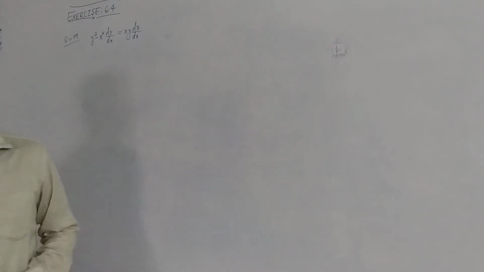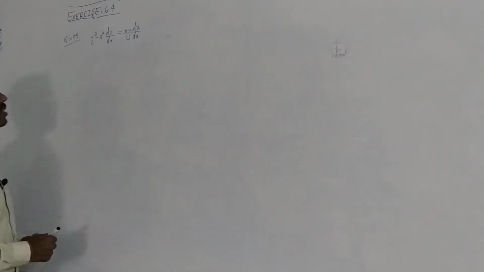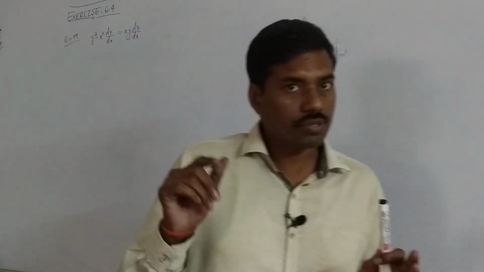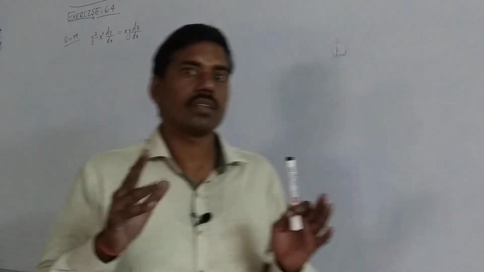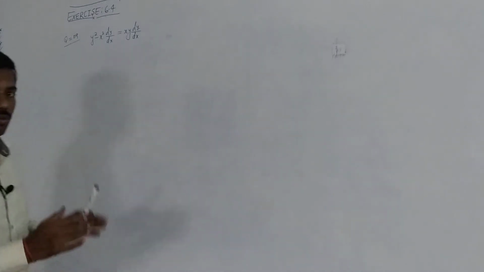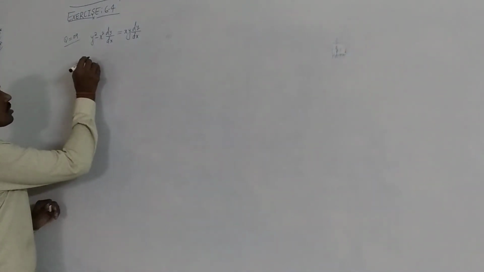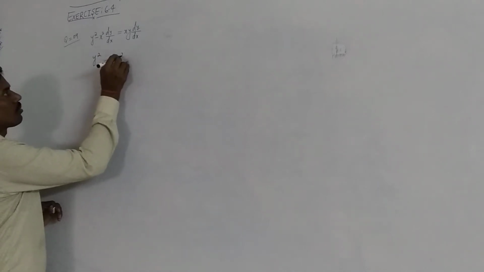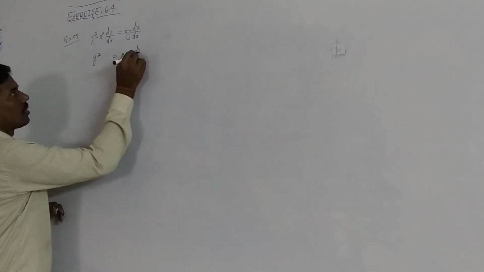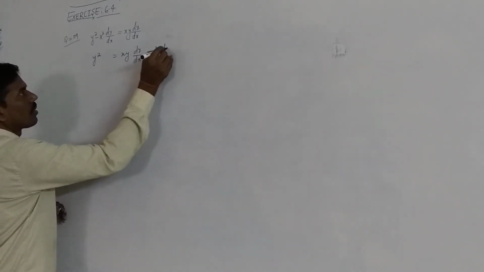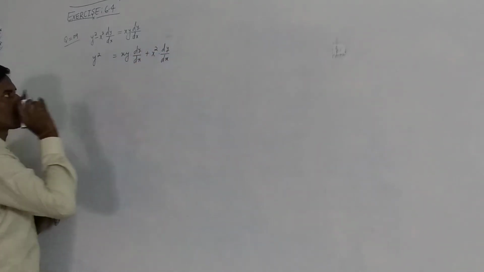Question number 9 is y square minus x square dy by dx is equal to xy into dy by dx. Here the first order derivative term dy by dx is written twice. So let us collect these derivative terms: y square is equal to xy dy by dx plus x square dy by dx.